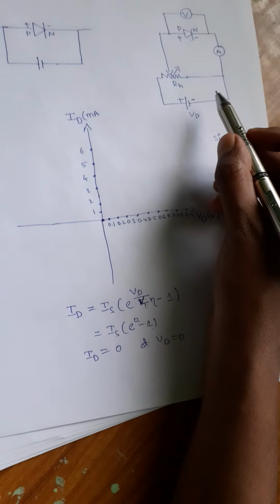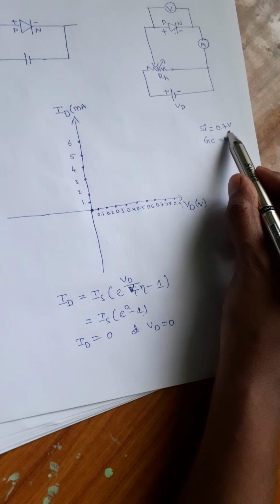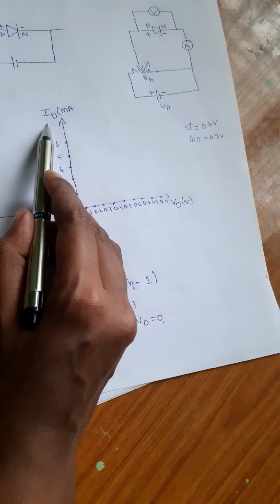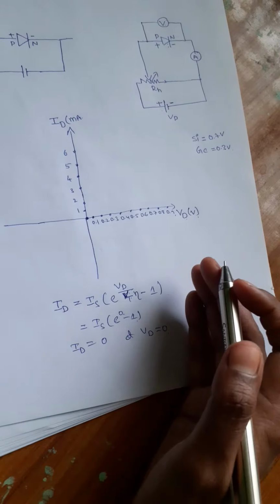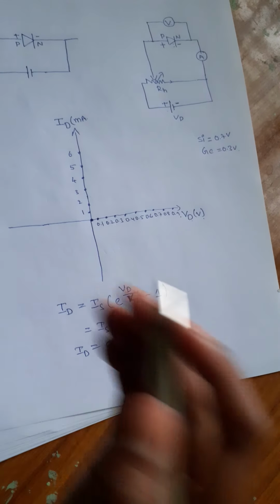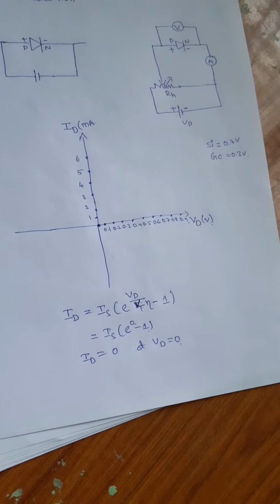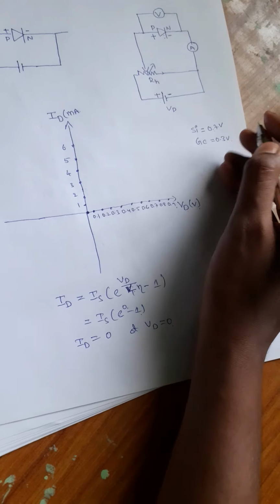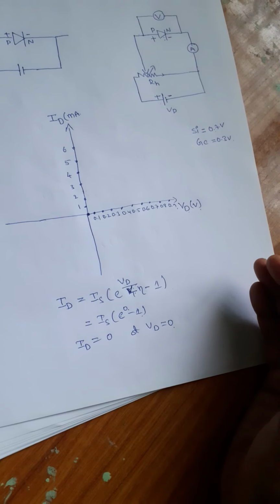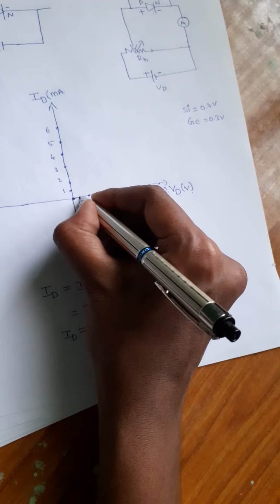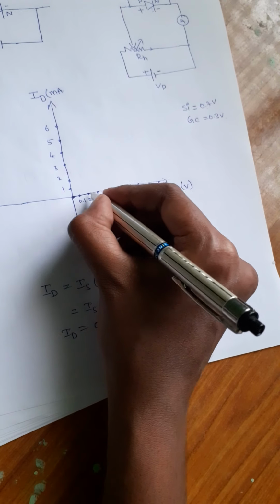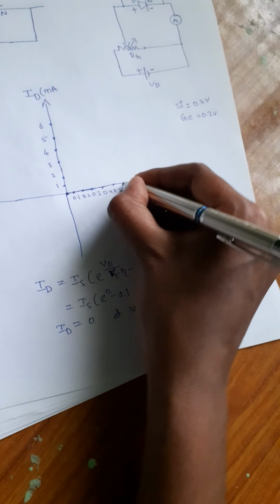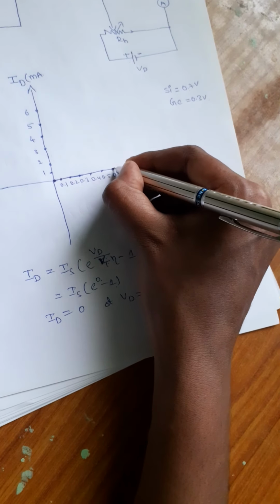For the silicon diode the barrier potential voltage is 0.7 volts. Until 0.7 volts the value of the current is 0, because the majority current does not flow due to the barrier potential. After 0.7 volts there is a movement of current. At 0.1, 0.3, 0.4 the current is 0; from 0.5, 0.6 there is a small increment of current.